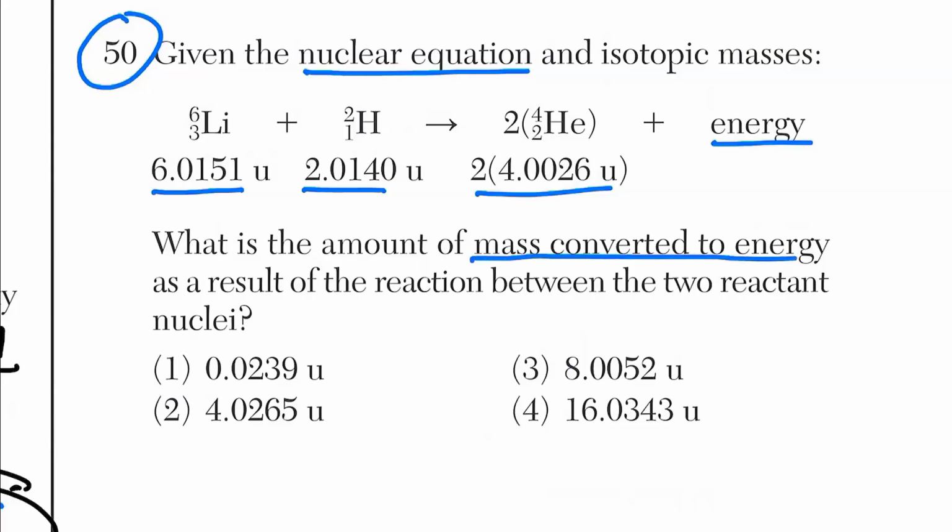Now, this may seem strange to you, but in all nuclear reactions, whether it's radioactive decay, beta, alpha, there's a little bit of mass that's converted to energy, and that energy is tremendous. And of course, the energy given off in nuclear reactions is greater. But in this question, what is the amount of mass converted to energy as a result of the reaction? So they want to know, really, how much is missing?